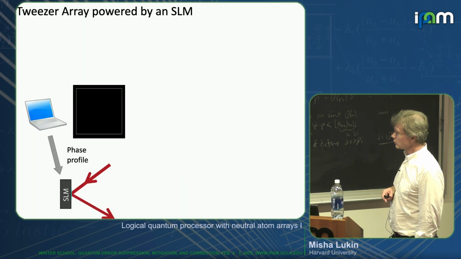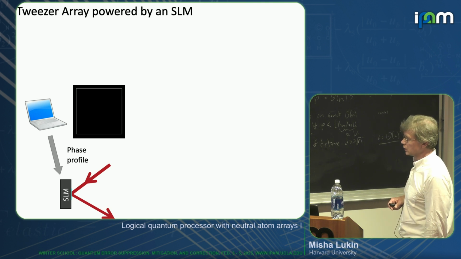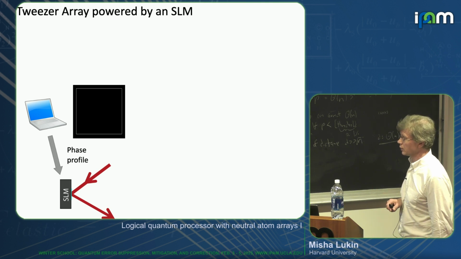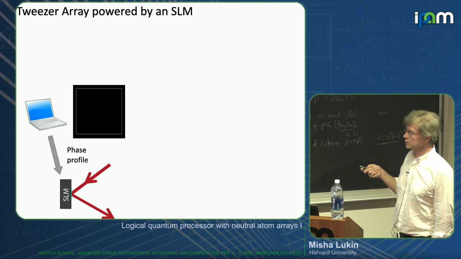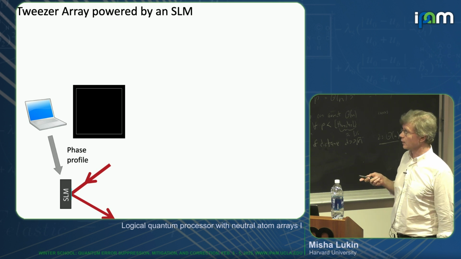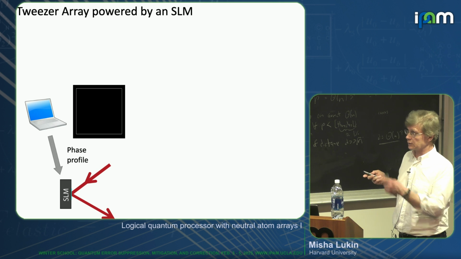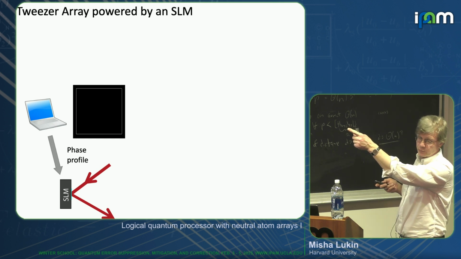So okay, the modern version of this approach utilizes a two-dimensional array. And this two-dimensional array is powered by the device called spatial light modulator. This actually is the same type of device which is used in a slide projector.